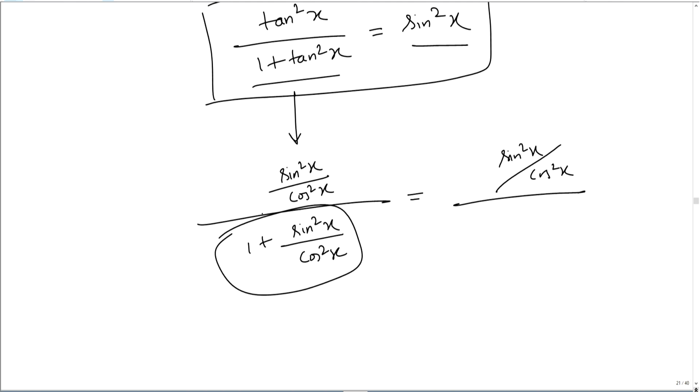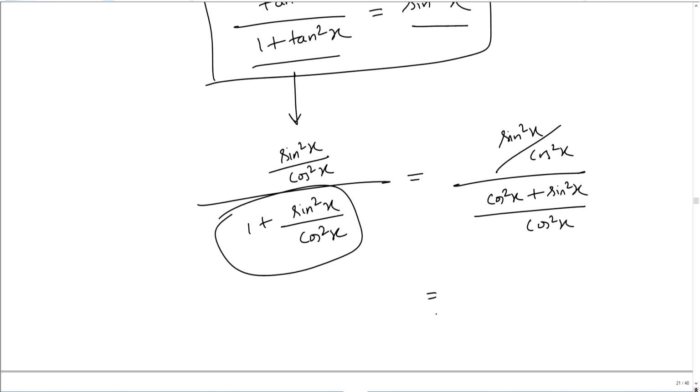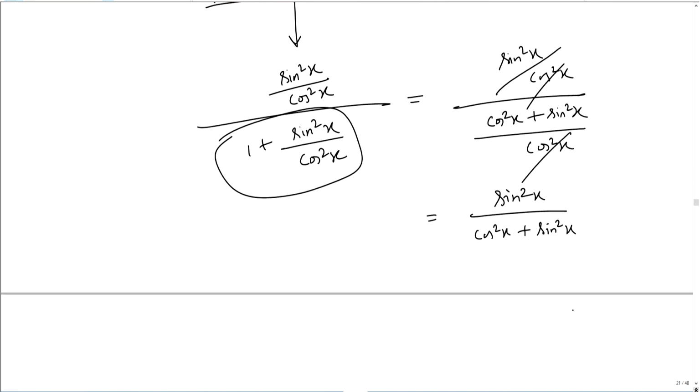Let us try to solve the denominator term, which would become cos square x plus sin square x divided by cos square x. Now, here you are getting cos square x in both the denominators. So, this will cancel out. So, in the numerator you are left with sin square x, in the denominator you are left with cos square x plus sin square x. Now, you know that this is equal to 1. So, basically this thing is equal to sin square x, and it is proved. Okay. So, this is how you can solve this particular identity.